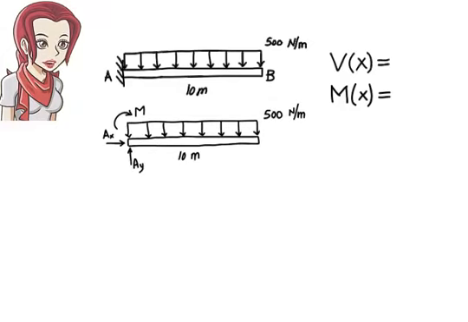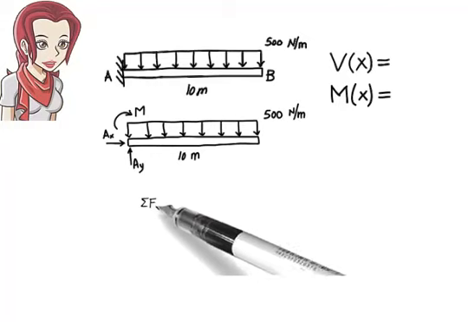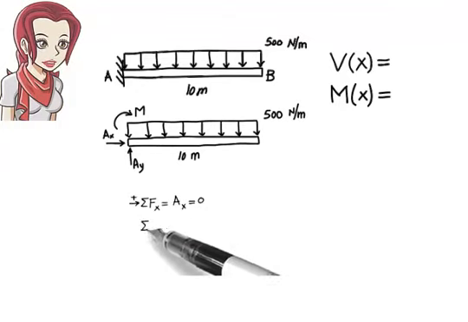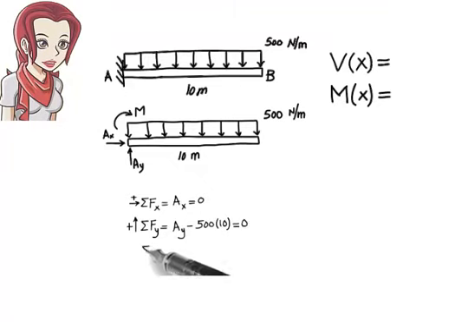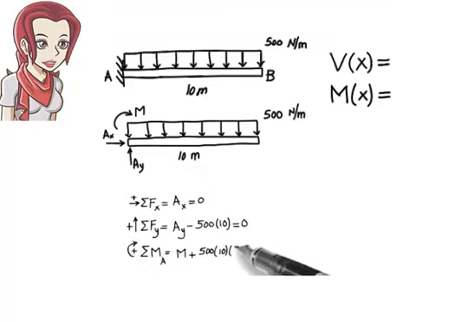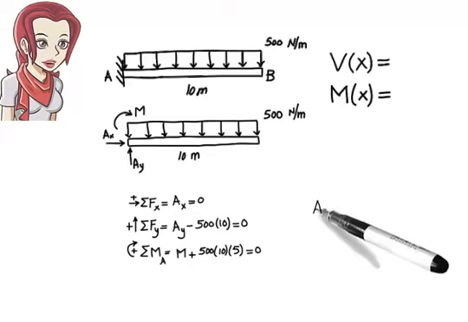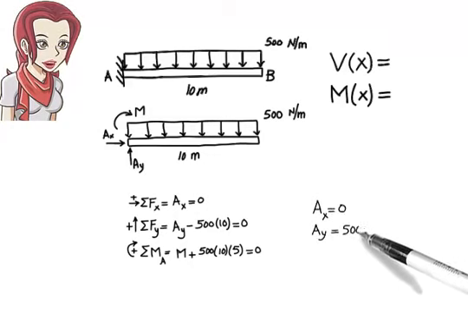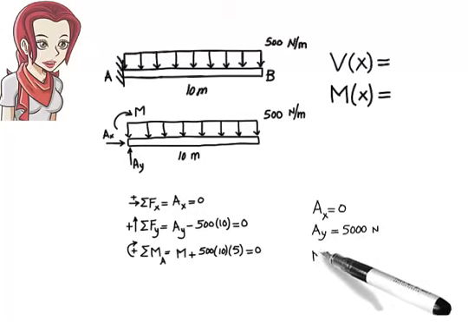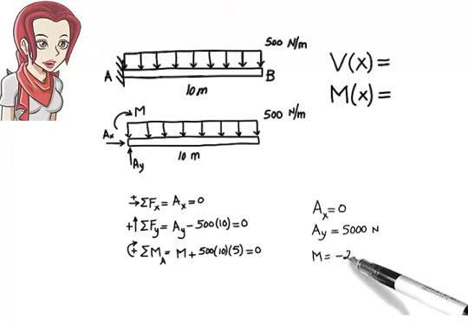Here are the equilibrium equations. Solving them for the unknowns, we get Ax equals 0, Ay equals 5,000, M equals negative 25,000.